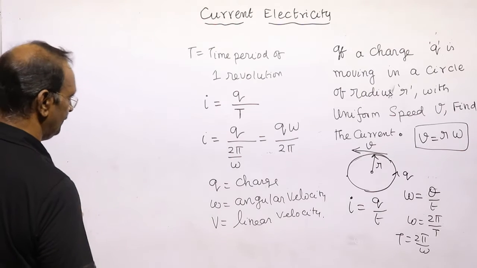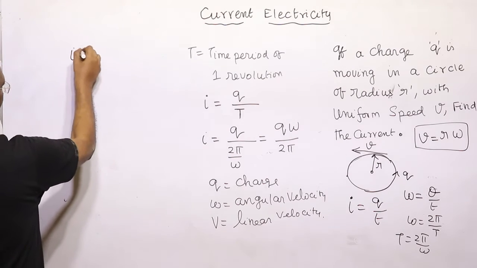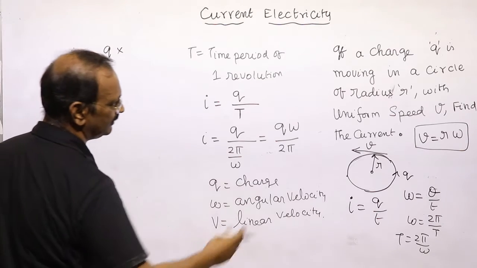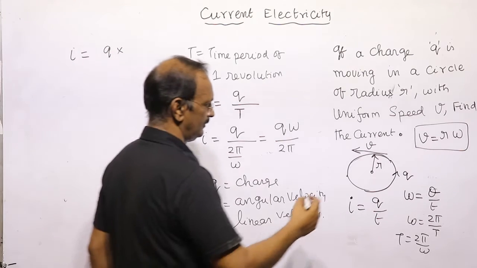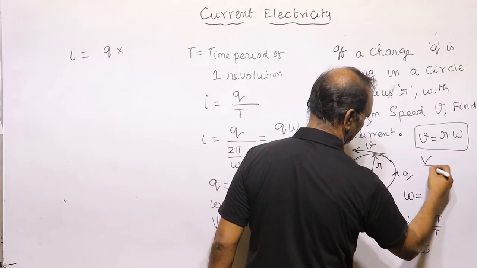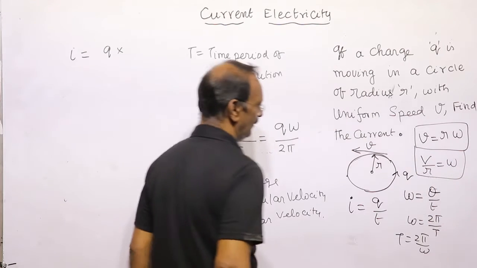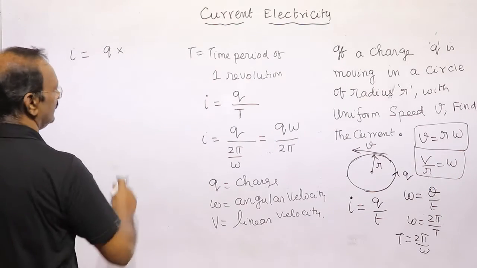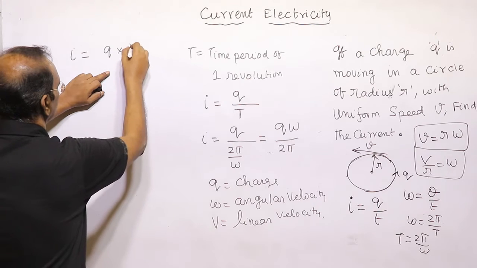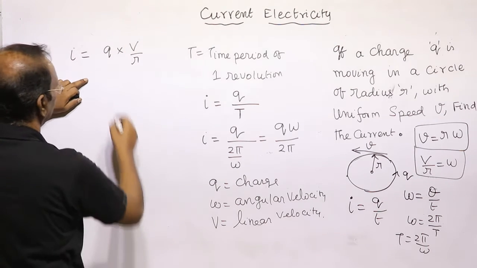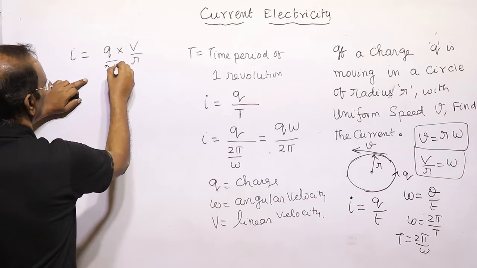So current is equal to Q into omega, where omega is equal to v by r, divided by 2 pi.